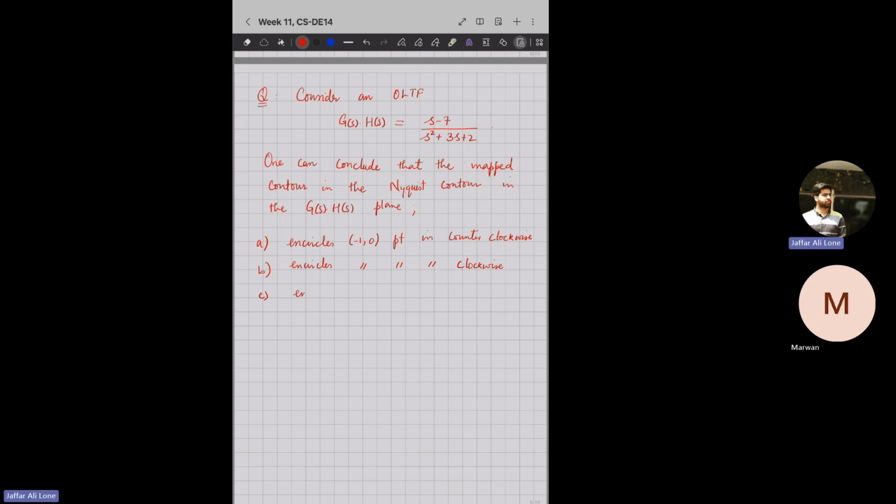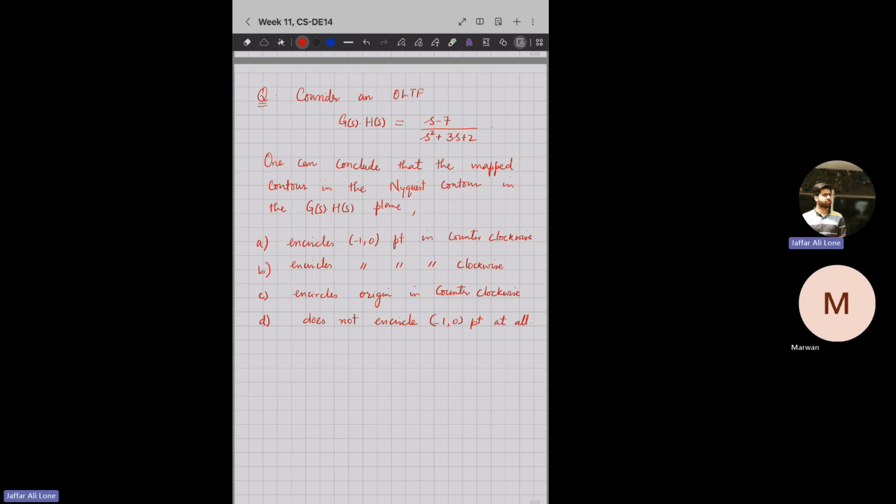Option C, it encircles origin in counterclockwise direction. Option D is it does not encircle -1 comma 0 point at all. So these are the options.